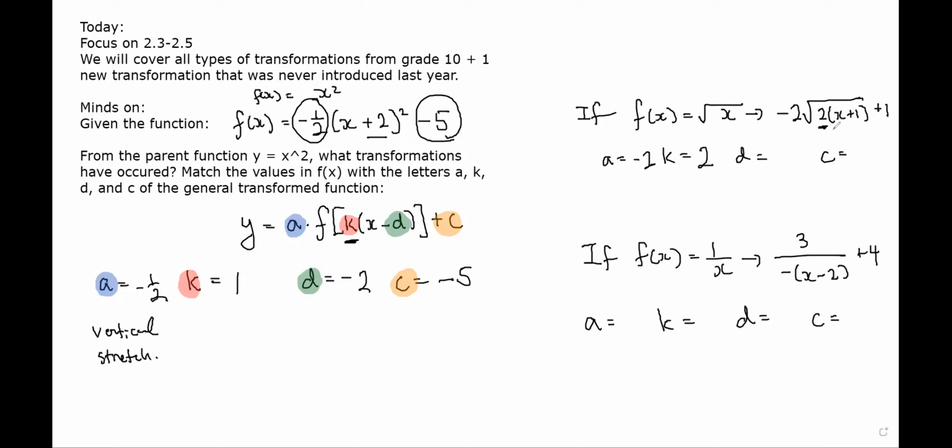Okay, so again, if there is a number multiplying with the X variable, that is indicative of the K value. Wow, I keep on deleting the text portion. I just have to give up on it. Okay, which brings us to a number that seems to add to the X value and a number that is adding way on the outside of the entire function. I'm going to finish this off. D is a -1 and C is a +1.